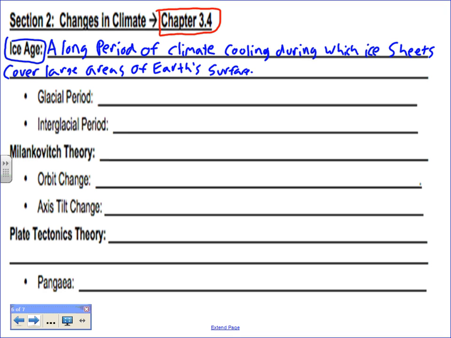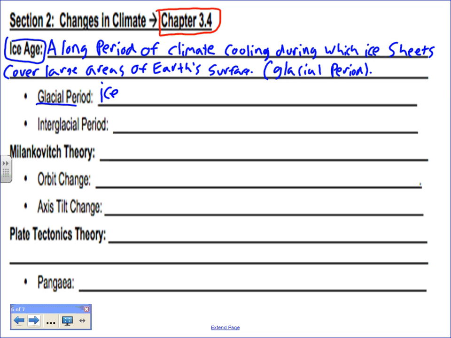And this is also known as a glacial period. Okay, so this is when Earth's surface is covered in ice, hence glaciers. All right, and again, during a glacial period ice sheets advance and sea level drops.